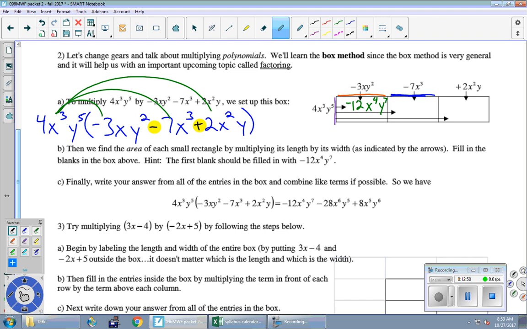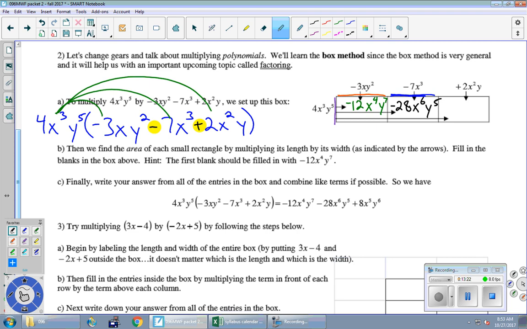Okay, 4 times negative 7, that's negative 28. X to the 3rd times another x to the 3rd. Is that x to the 9? What is that? X to the 6, right? Add the powers. Okay, I've got y to the 5th, but I don't have any y's up there. So what do I put? I put y to the 5th. We're not changing it. We're just multiplying, and it doesn't have a partner, so it just gets copied. That thing in black represents the area of the middle rectangle.